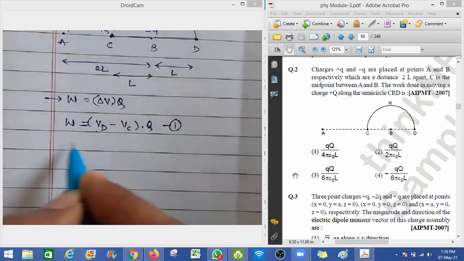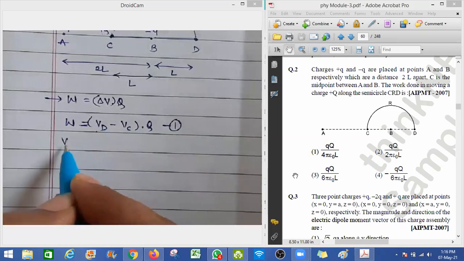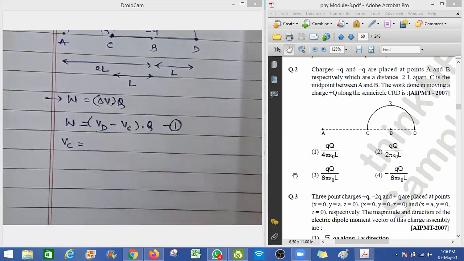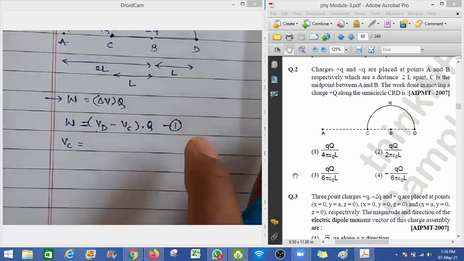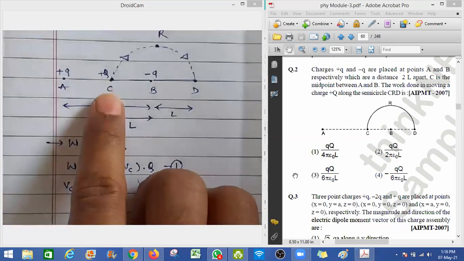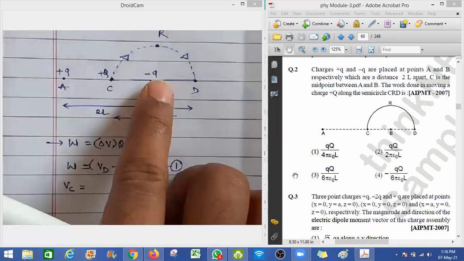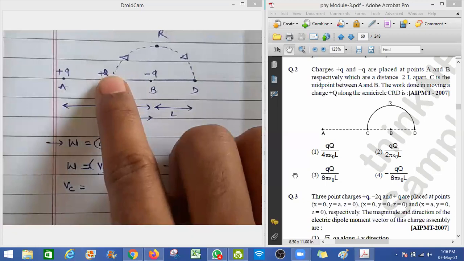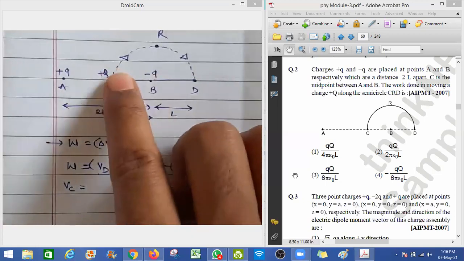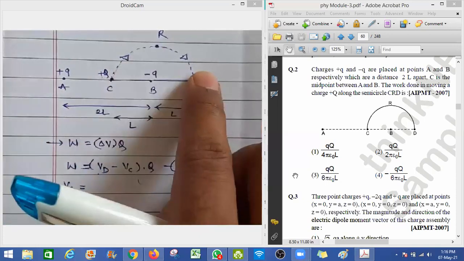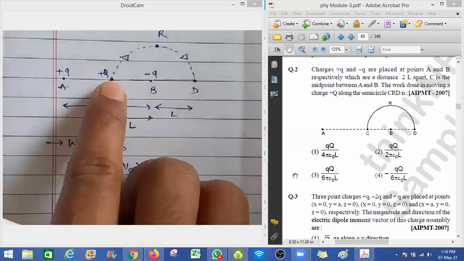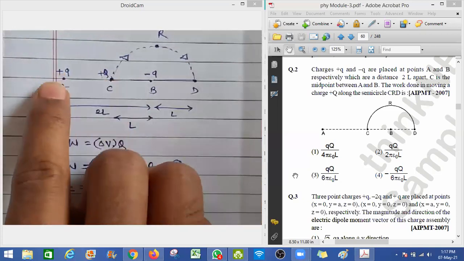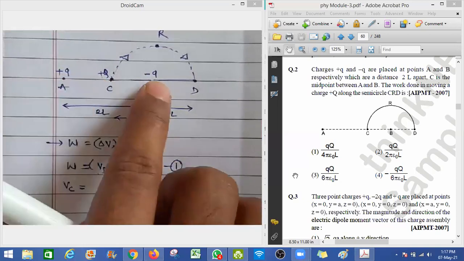Very simple thing. How to find out potential at point C? Potential is a scalar quantity. So to find out the total potential at point C, because of this plus Q charge and this minus Q charge, we have to move the positive capital Q from point C to point D. So at this point, find out the potential due to plus small q and minus small q.